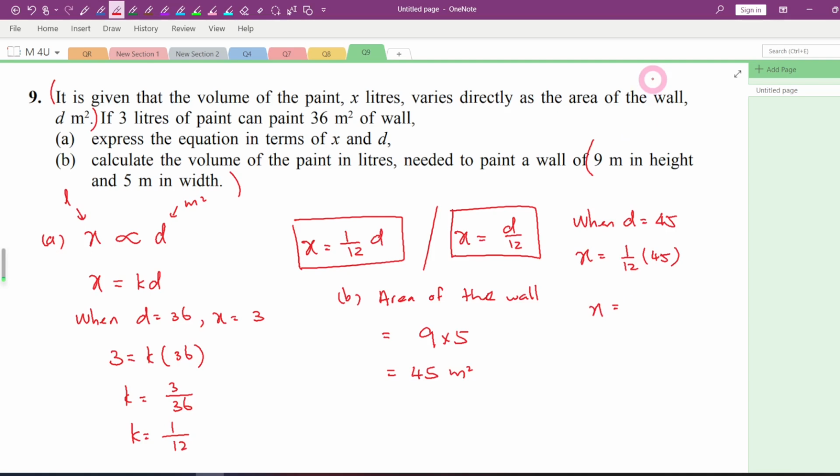Just press your calculator, 1/12 times 45. You will get 3.75. This means that the volume of paint needed is equal to 3.75 liters. Okay, this is our answer for part B.